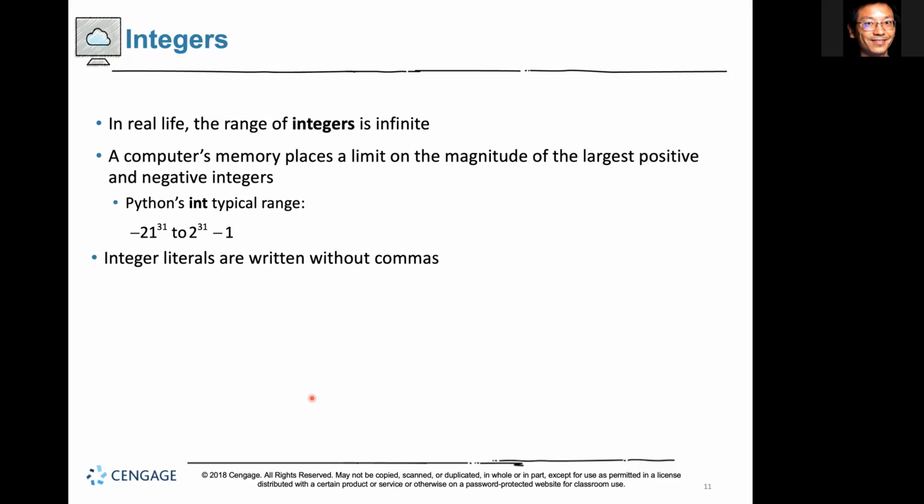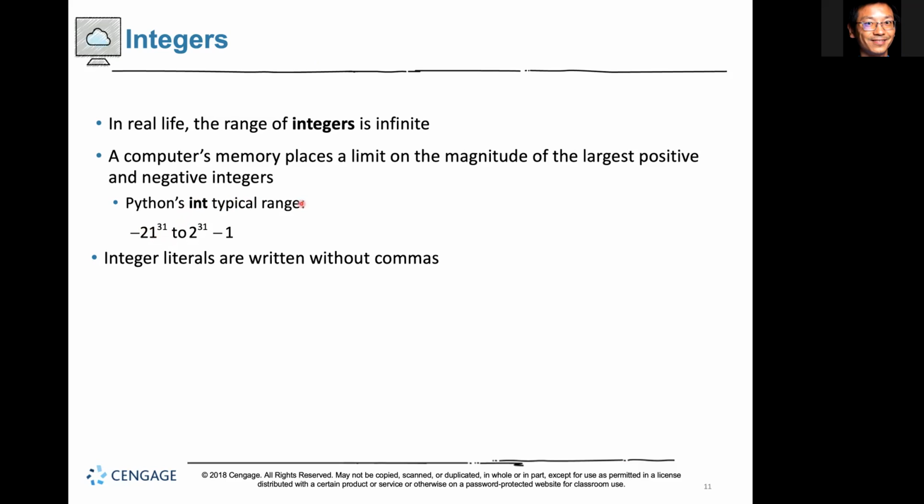However, in a computer, we have a finite amount of memory, so we always have a limit on that. So in Python, the integer limit is actually quite large. And actually, I think this might be a typo here. It's just basically -2 to the power 31.